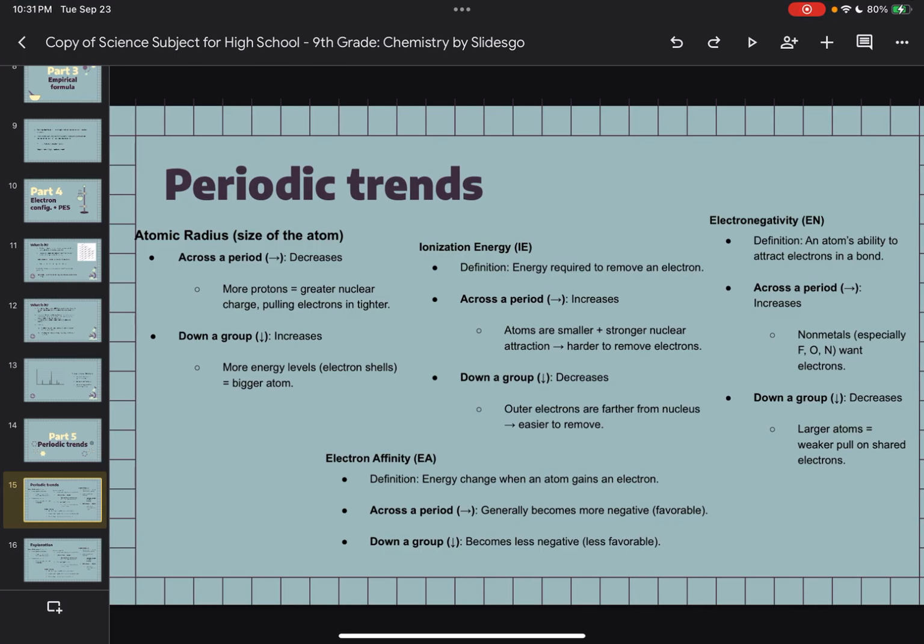Electronegativity is just the ability to bond to another electron. So when you go across a period, it's the same as ionization energy, because nonmetals want electrons.